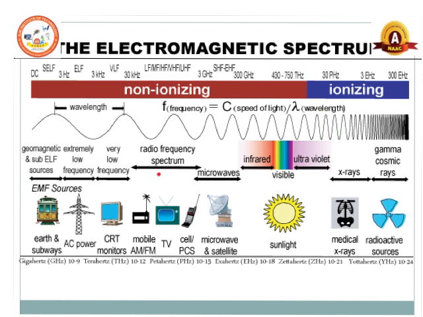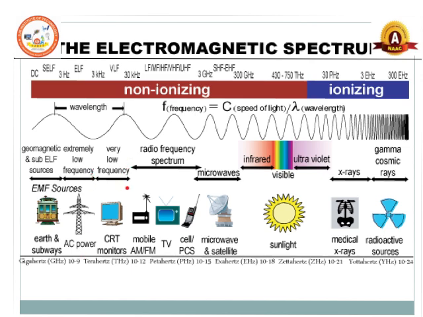Accordingly, in this slide, the applications with respect to these frequency ranges are also mentioned. DC to 3 Hz is used for geomagnetic and sub-ELF sources, EMF sources, and earth applications. Extremely low frequency, that is 3 Hz to 3 kilohertz, is used for AC power applications.